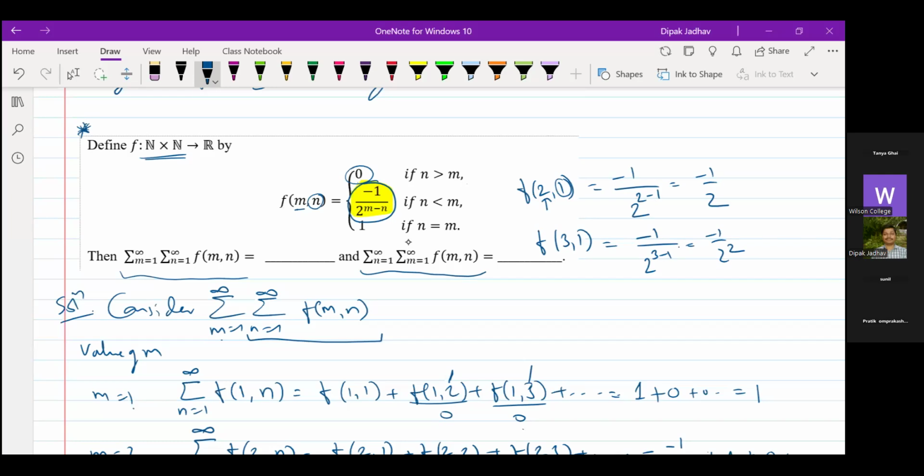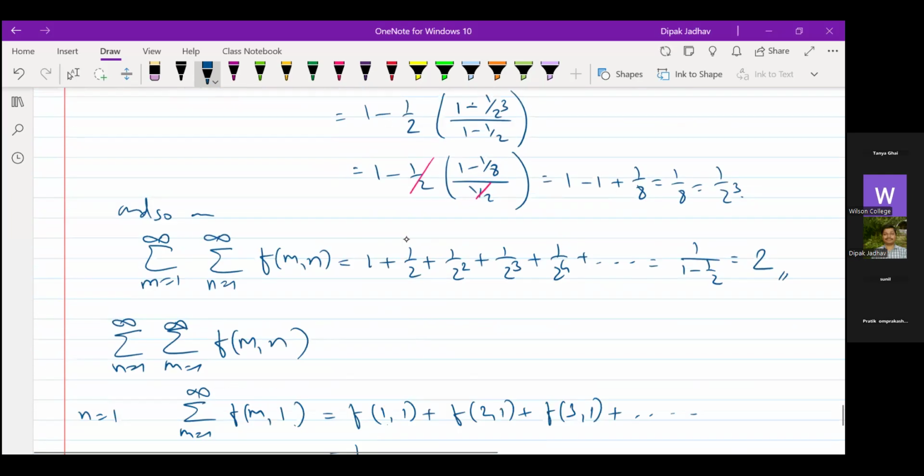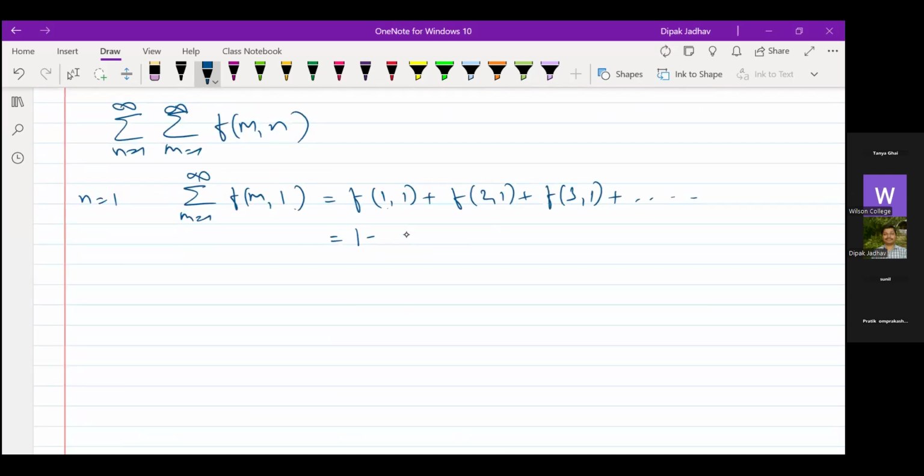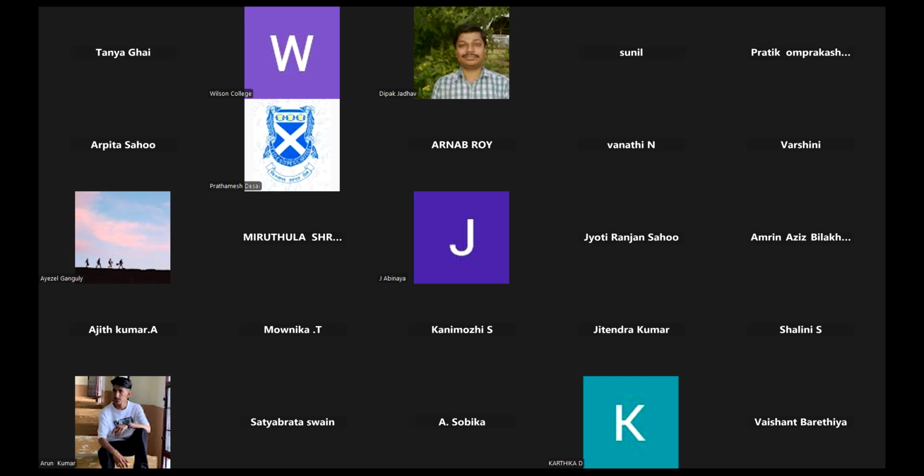Yes, sir. I hope all of you are also working with me simultaneously. So this is minus 1 upon 2, minus 1 upon 2 square, minus 1 upon 2 cube, minus 1 upon 2 raised to 4, and so on. Okay, I'll pull minus half outside. What is left inside? 1 plus 1 by 2 plus 1 by 2 square plus 1 by 2 cube and so on.